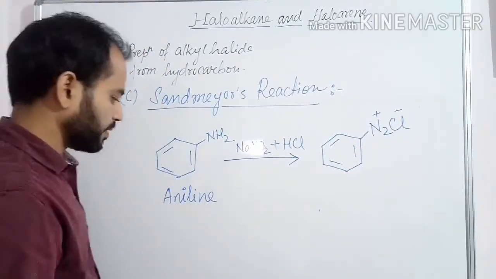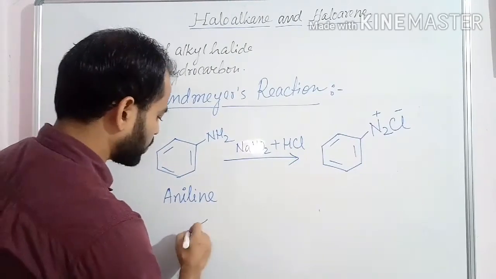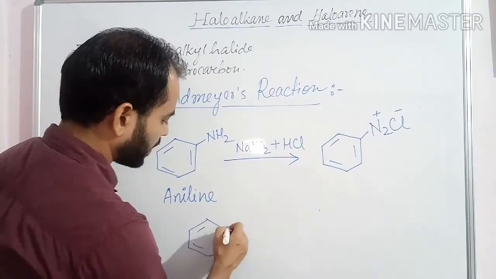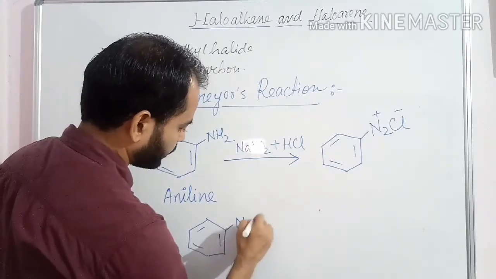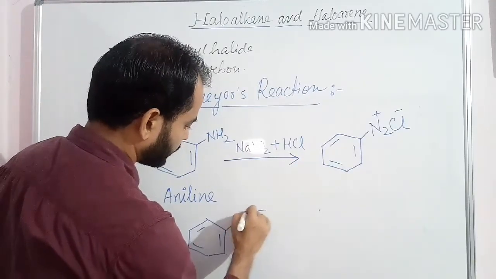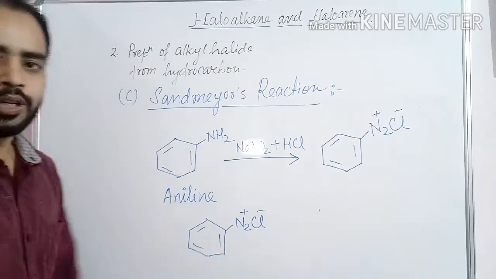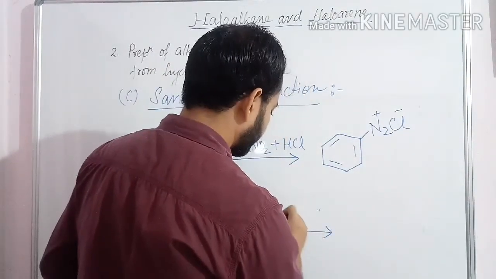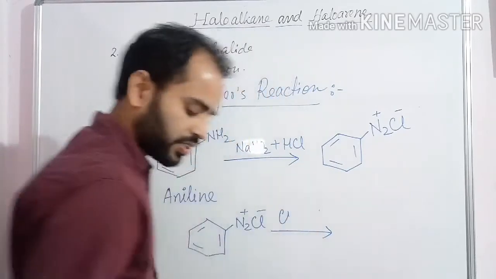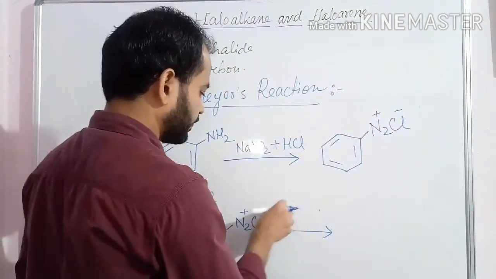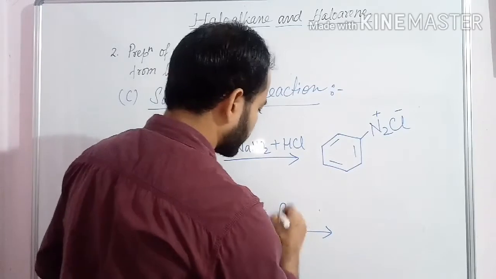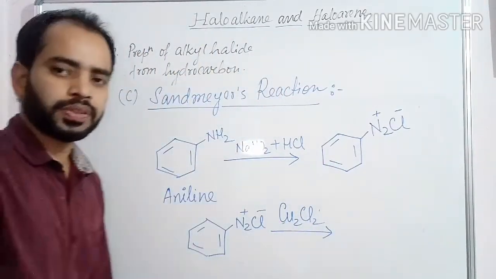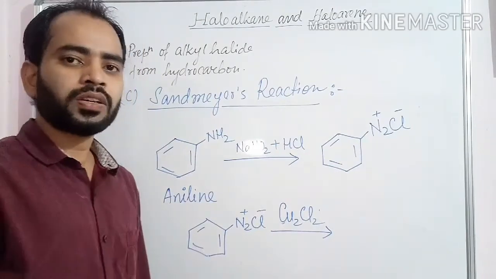Next, this diazonium salt of aniline or primary amine, N2 positive, Cl negative, reacts with cuprous chloride, Cu2Cl2.